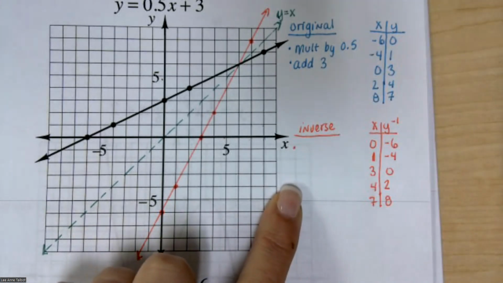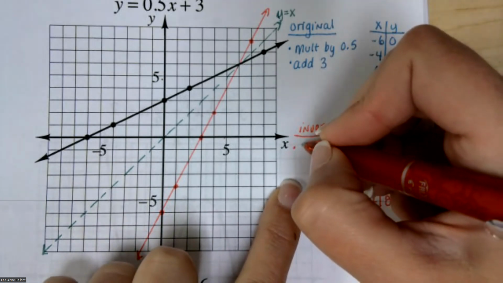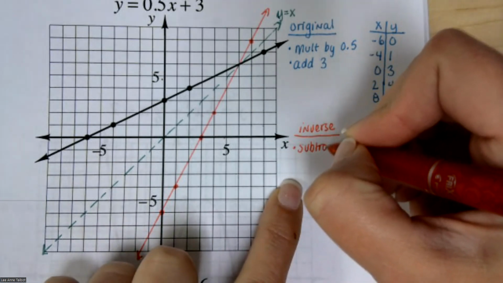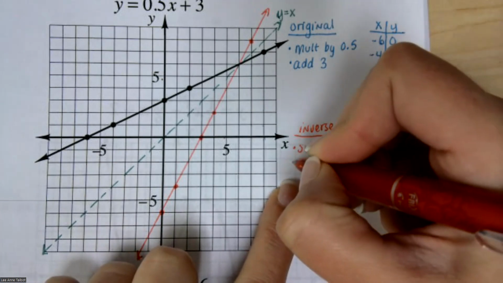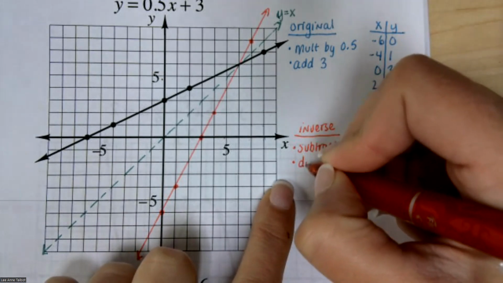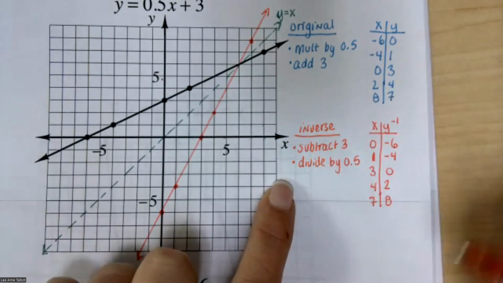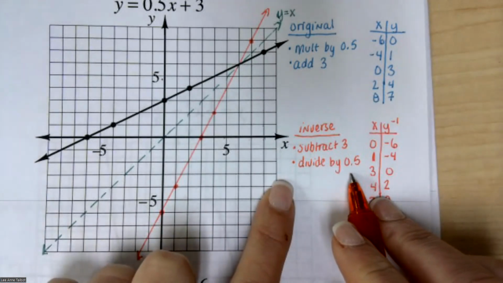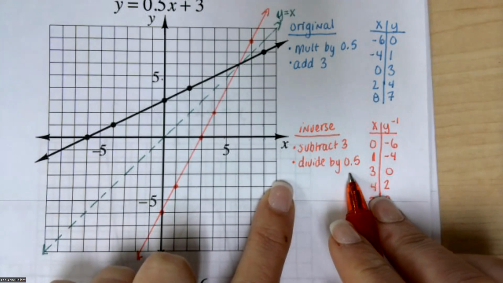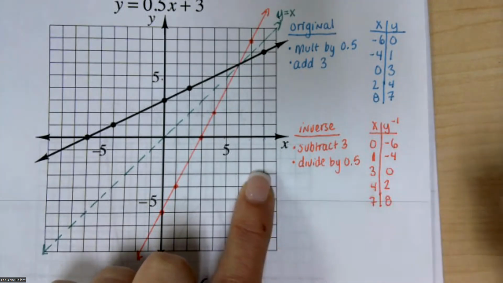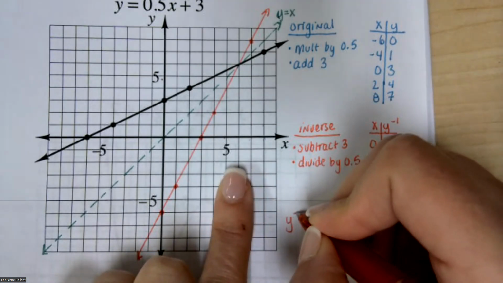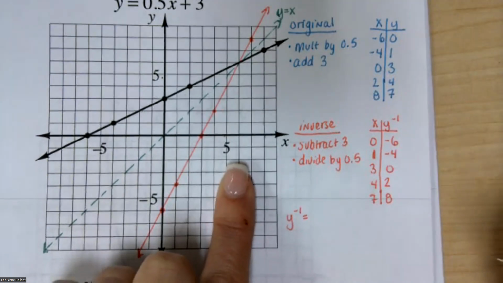This is where the weird is going to come in a little bit. So my first step for the inverse will be subtract 3, and then divide by 0.5. Okay, and that's where the awkwardness is going to come in. I think you guys had a situation like this in your homework. So y inverse equals.